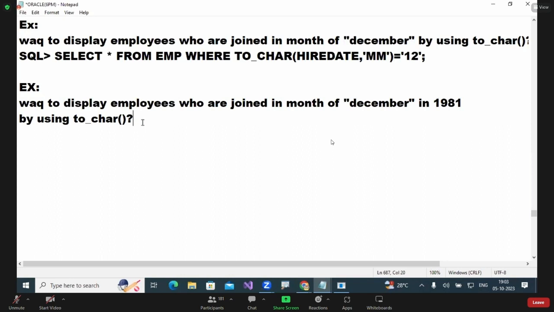You believe or not, one incident I will tell you. One of our students only, he went to an SQL interview. So what he thought, okay, interview means maximum how much time they will take, 10 minutes or 15 minutes.